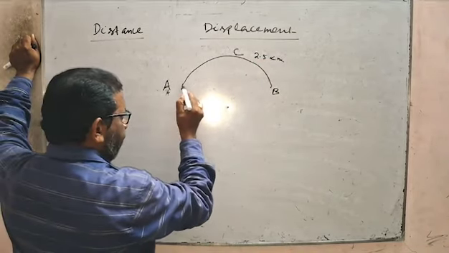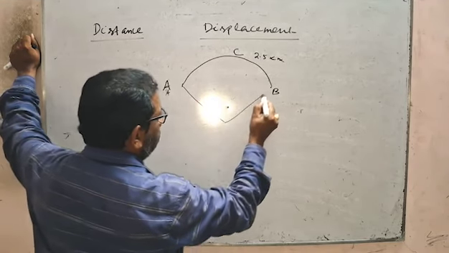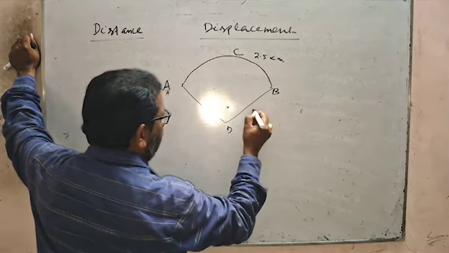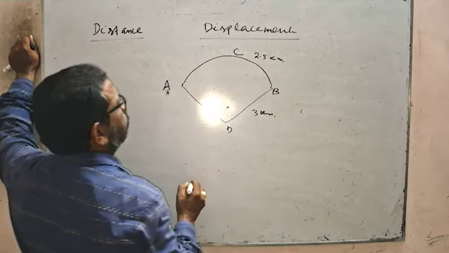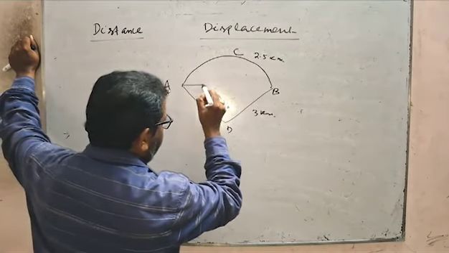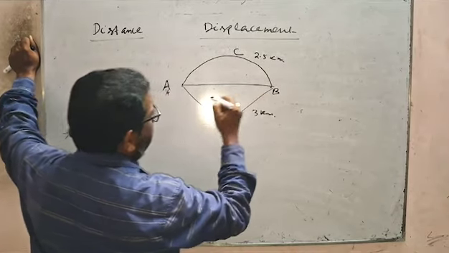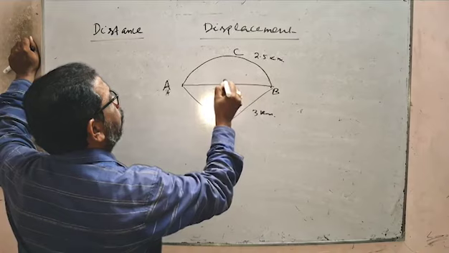Another body starts from A and reaches B through D, which is 3 kilometers. Another body starts from A and reaches B through the path E, which is 2 kilometers.